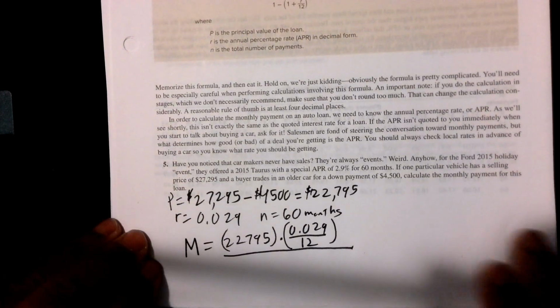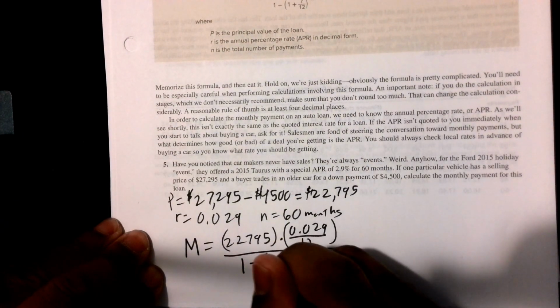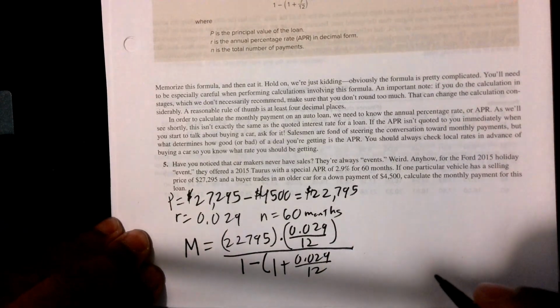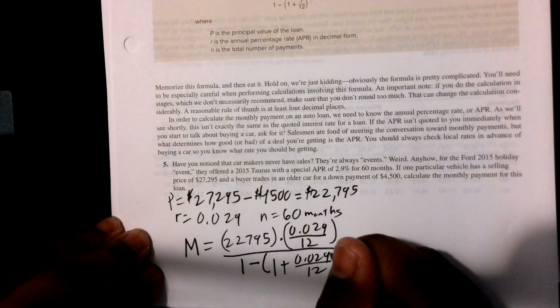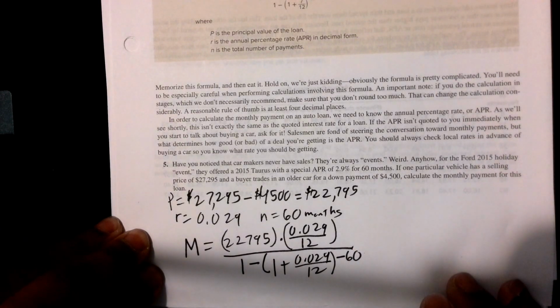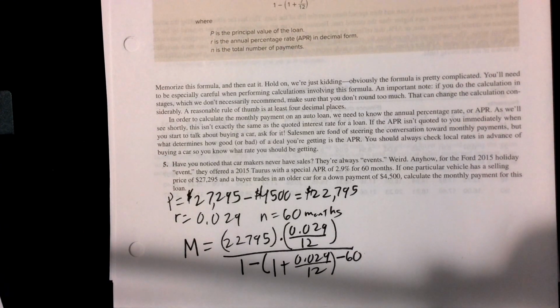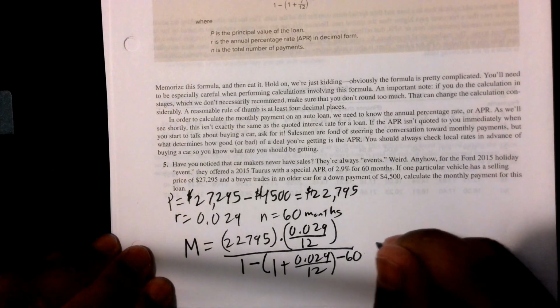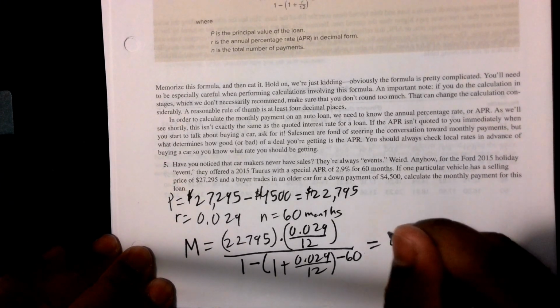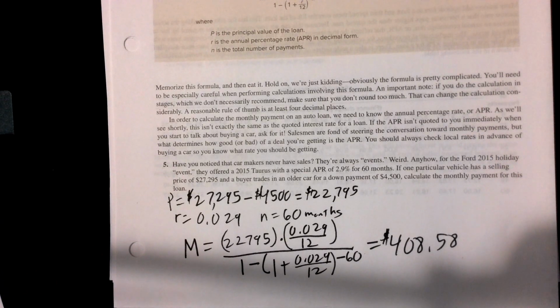Our denominator would be 1 minus 1 plus the rate, 0.029 divided by 12, taken to the negative 60th power. Okay, now we go ahead, put this in our calculator, and this would give us $408.58.